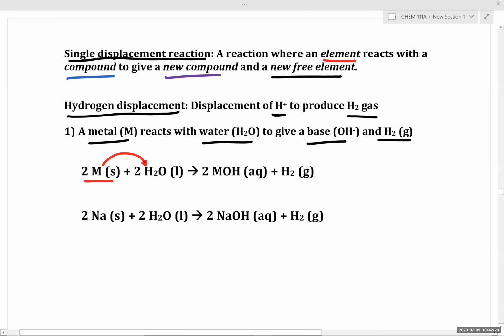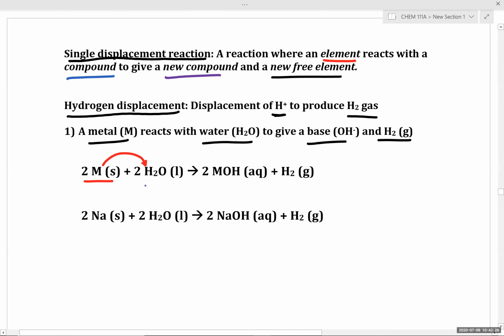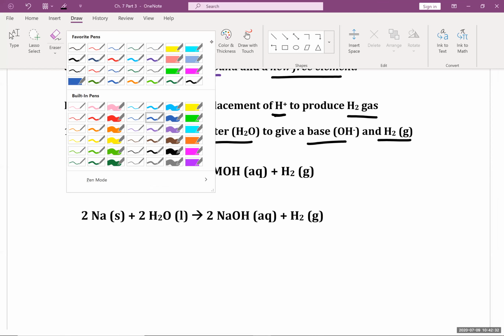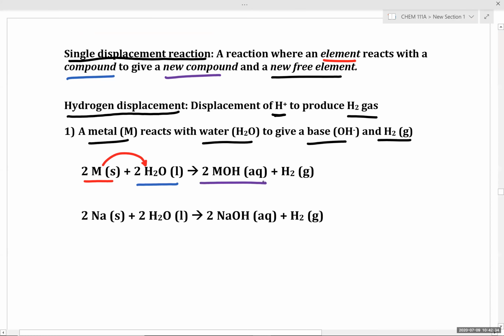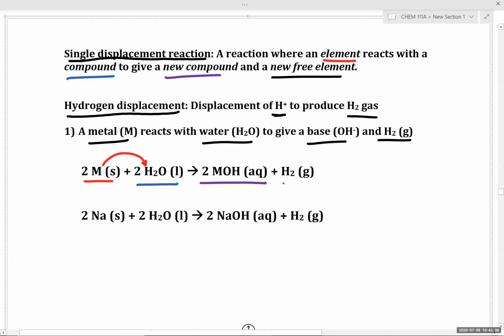So our metal is displacing hydrogen from water. We go from our initial compound, water, to a new compound, which is our metal hydroxide, and we also generate a new free element. So in effect, our metal has replaced or displaced the element hydrogen.